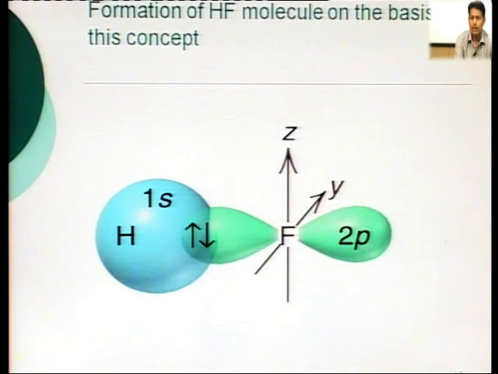So, the orbital of hydrogen approaches the 2p orbital of fluorine. The single electrons from both the sides are shared. The 1s orbital of hydrogen and 2p orbital of fluorine overlap with each other and form a covalent bond.